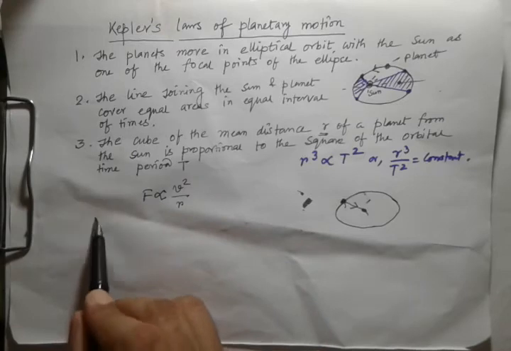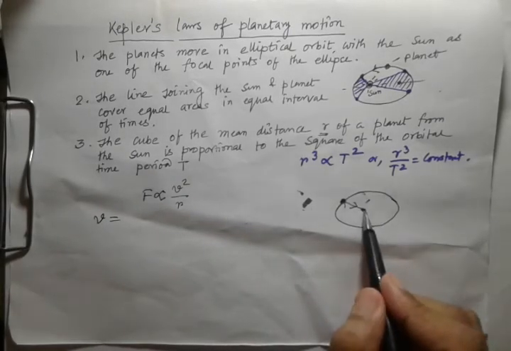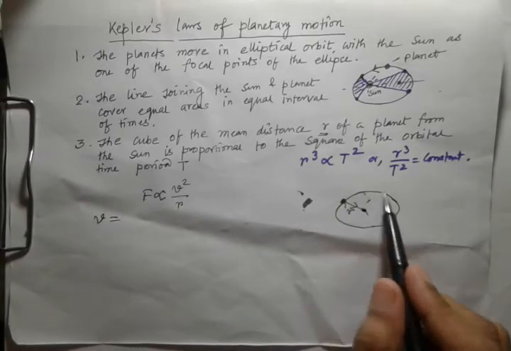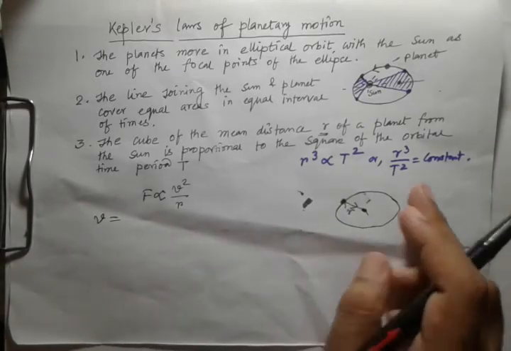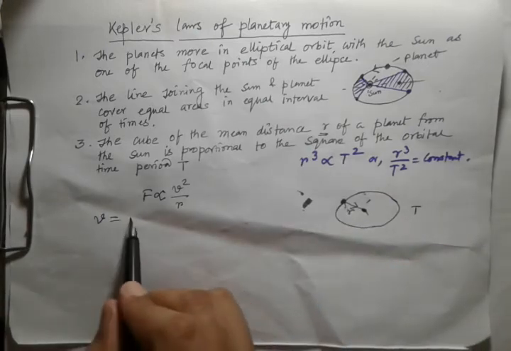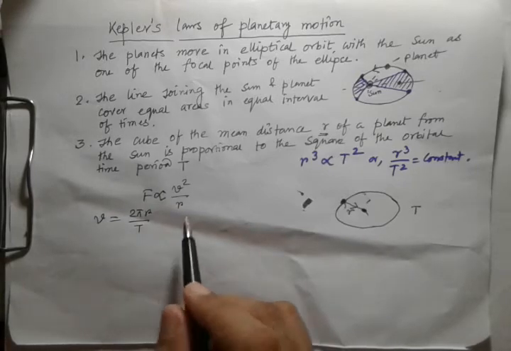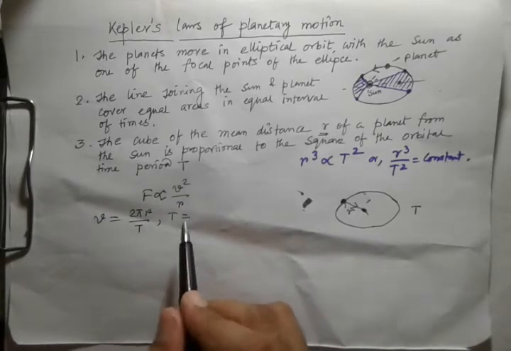Now you know that v is equal to how much? The radius is r, so the total circumference is 2 pi r. Suppose t is the total time period taken. So you can write v is equal to 2 pi r by t.